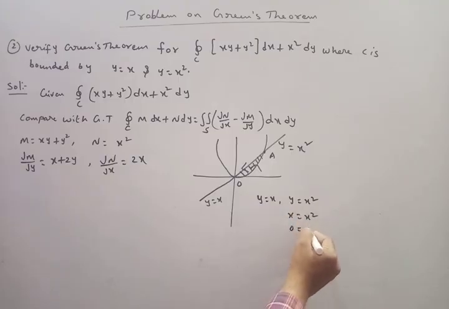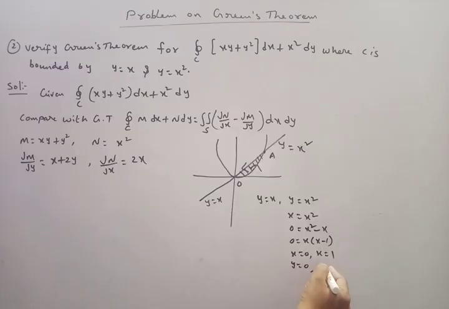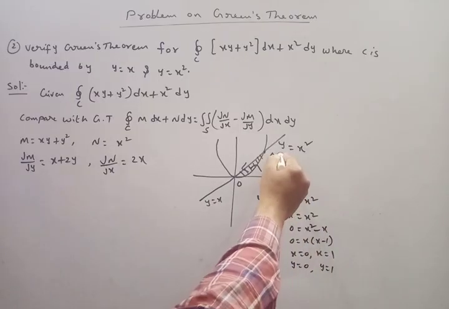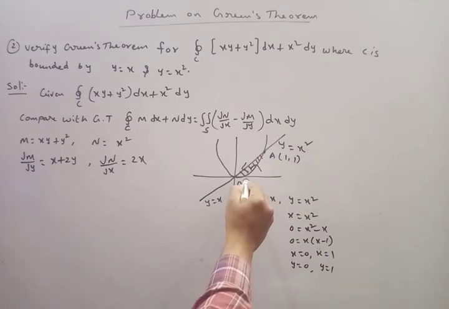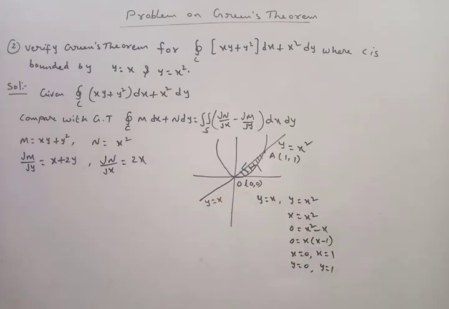So 0 is equal to x square minus x. Taking x common, 0 is equal to x into (x minus 1). So x is equal to 0, x is equal to 1. If x is equal to 0, y is also 0. If x is equal to 1, y is also 1. So this point is (1, 1) and here the point is the origin (0, 0).